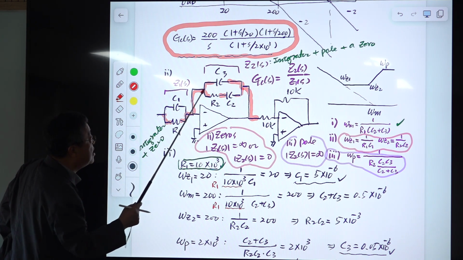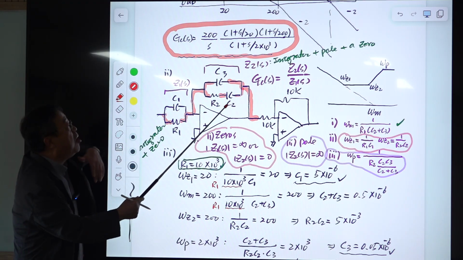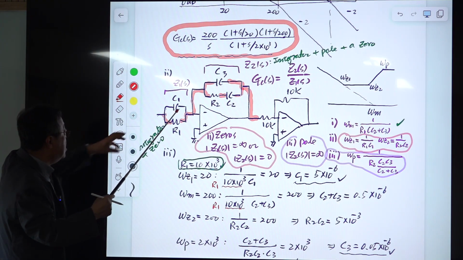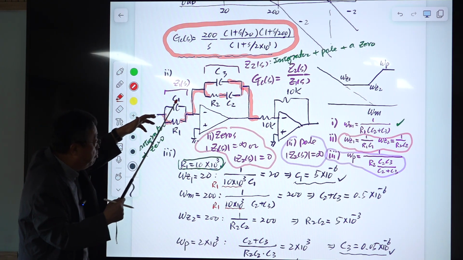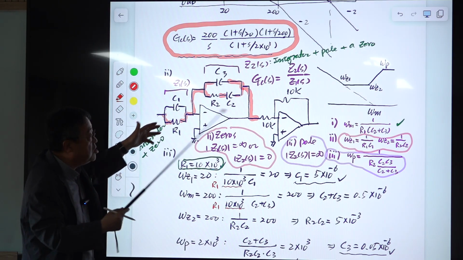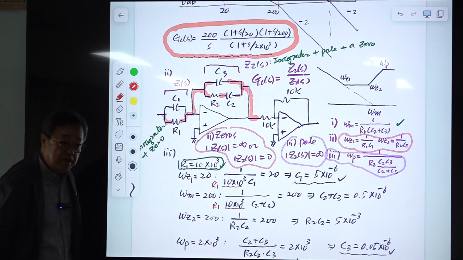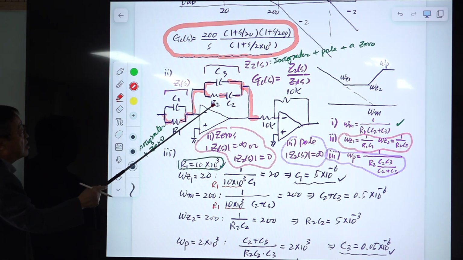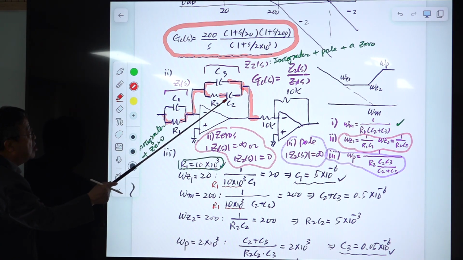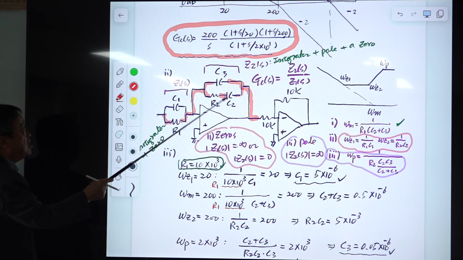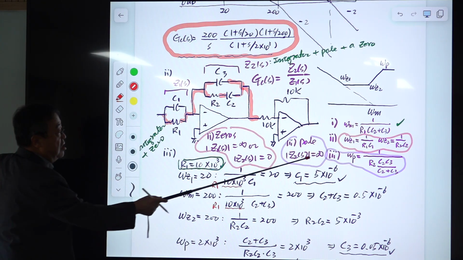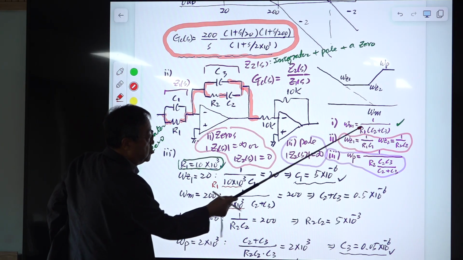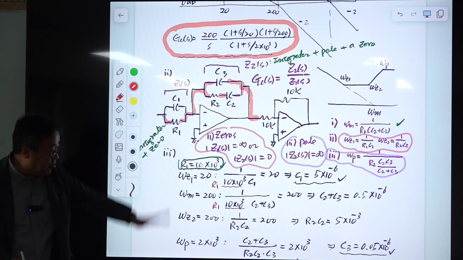The impedance of this one becomes the final zero, and the parallel combination of this creates a pole. Another pole is created by the parallel combination of this R times G2 in series with G3. That is the equation of a series connection of capacitors. So this one is easy. Okay? Then you can calculate this one by one.